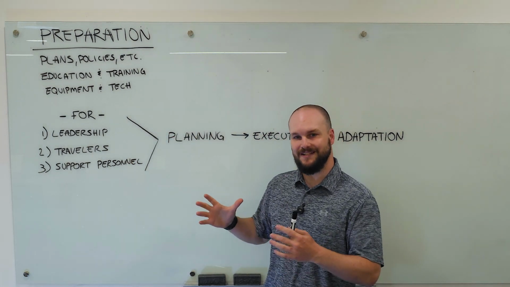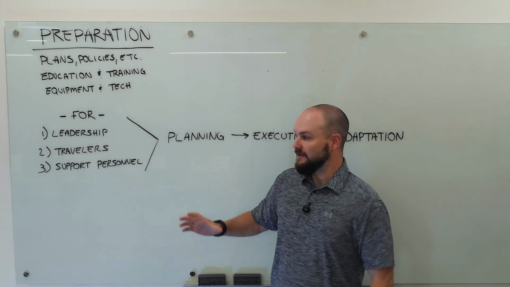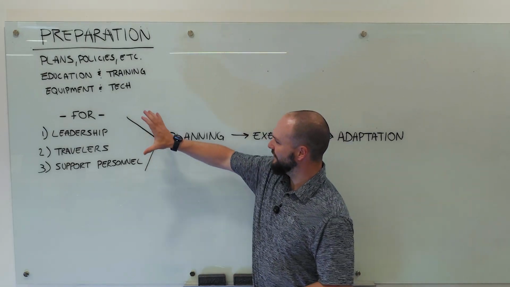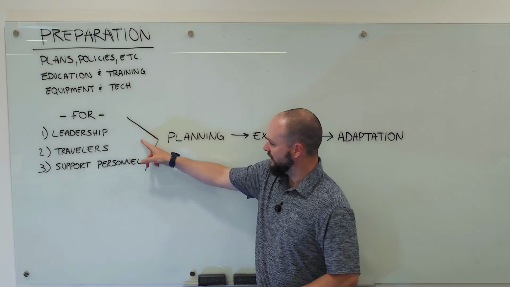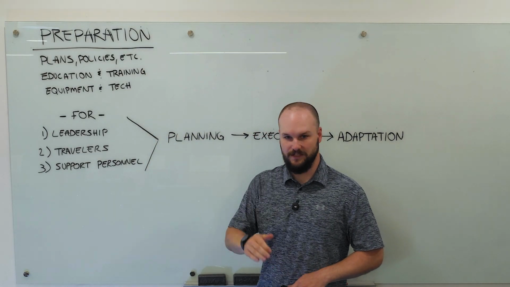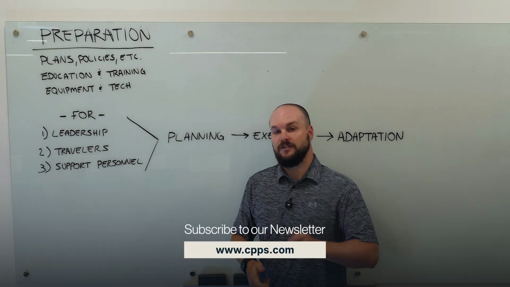Travel risk management is a system, largely beginning with this program on the front side. This isn't all of it by any means. We could delve into this for a long time, but this is the initial core infrastructure that we want to set up with the common understanding as it relates to these different roles: leadership, the traveler, and those supporting those travelers. So that's all for now.